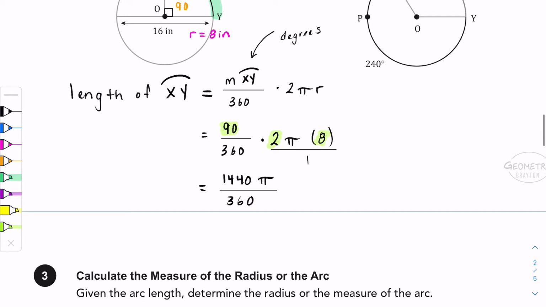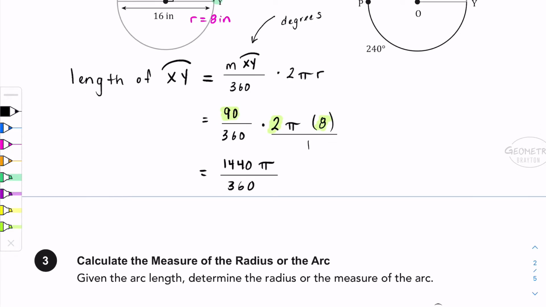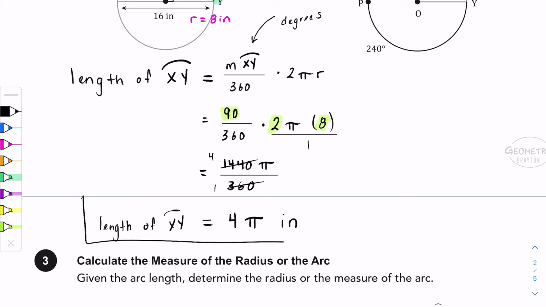In this case, it actually works out perfectly. 360 goes into itself once, and goes into 1,440 4 times. So our final answer is 4 pi, and this is inches. So the length of XY is 4 pi inches.